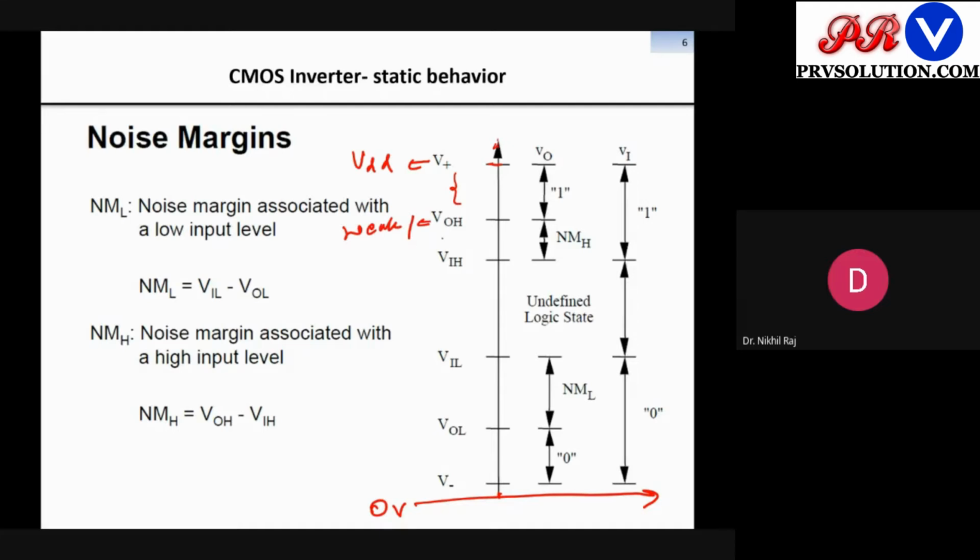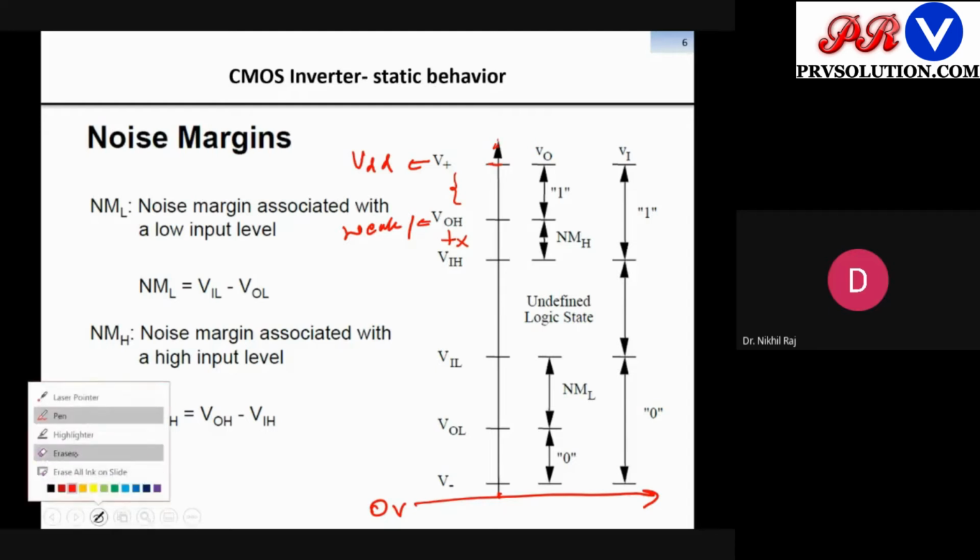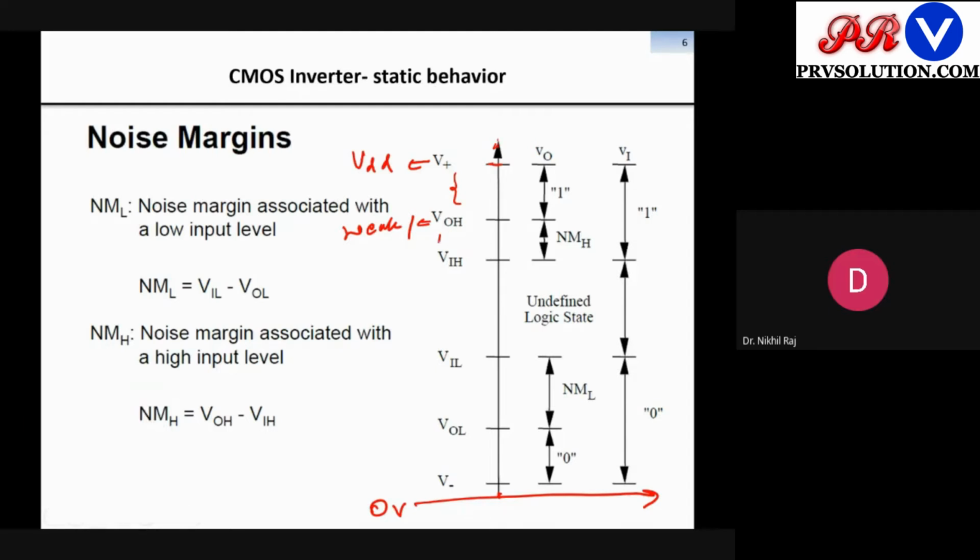Now when we do transmission, due to noise, my voltage level came down to this level. So this is a weak one, a degraded weak one.